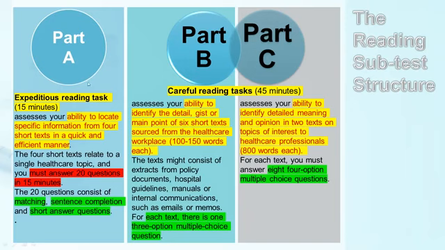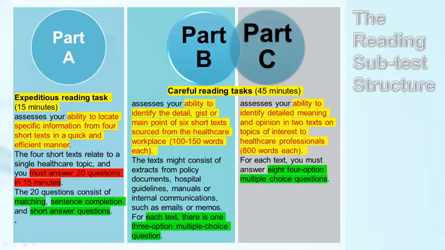In the reading subtest, part A is an expeditious reading task. This means it's a fast reading task in 15 minutes. Here it will assess your ability to locate specific information from 4 short texts in a quick and efficient manner.